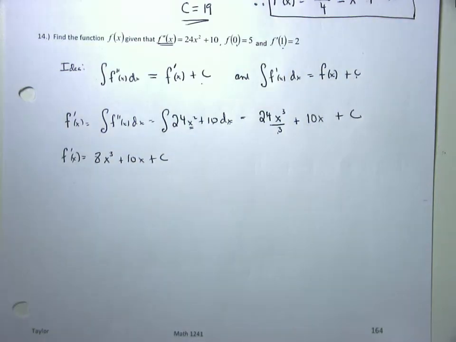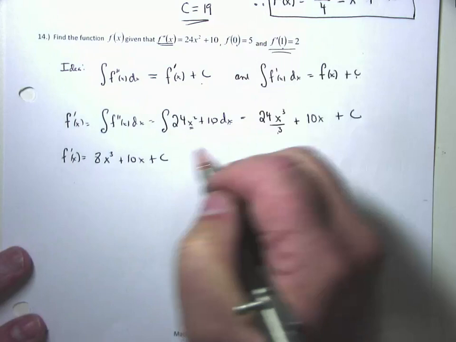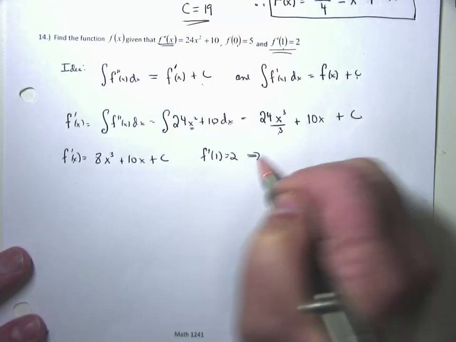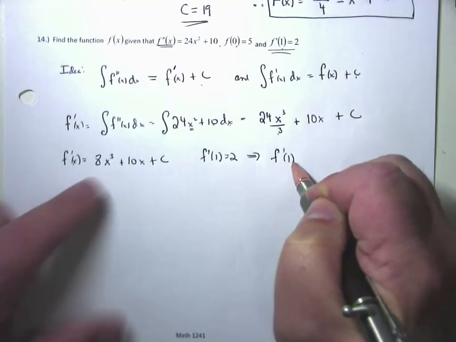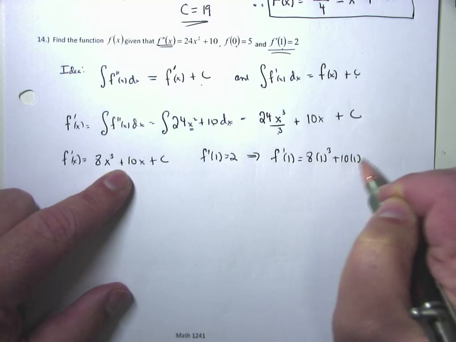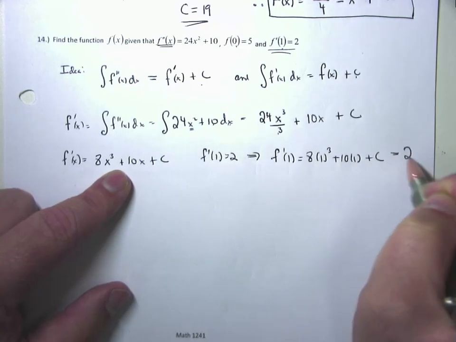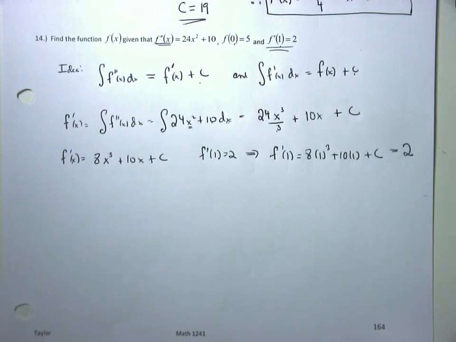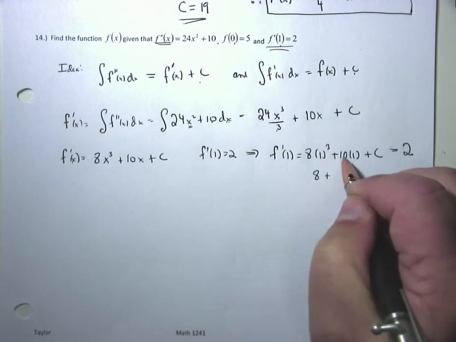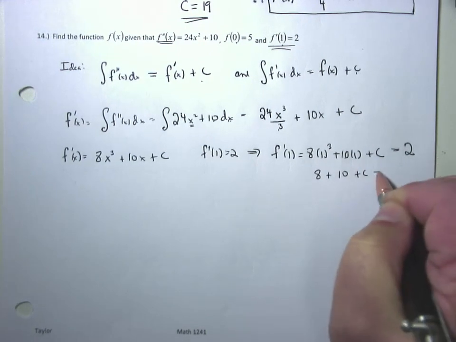I cleaned it up, but now I have a plus c. I have to use its initial condition to figure out what that c is. The initial condition for the derivative is f prime of 1 is equal to 2. So f prime of 1 would be 8 times 1 cubed plus 10 times 1 plus c, but that has to be equal to 2. Well, cleaned up, 1 cubed is 1 times 8 is 8, plus 10 times 1 is 10, plus c equals 2.